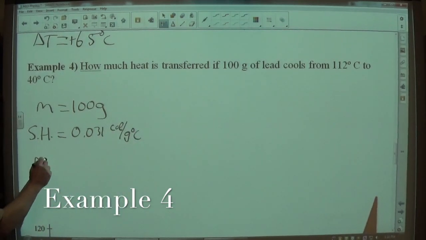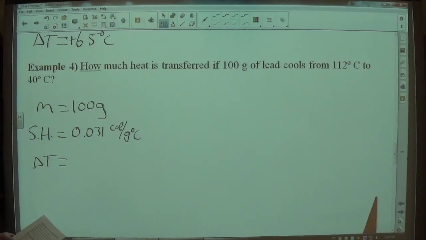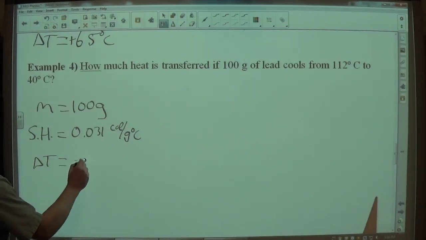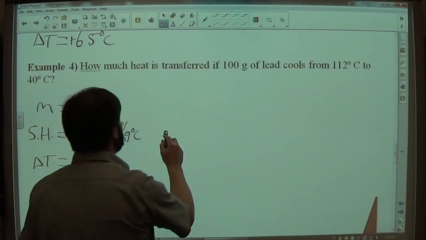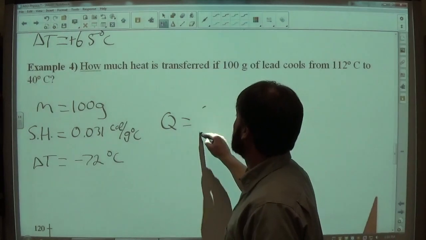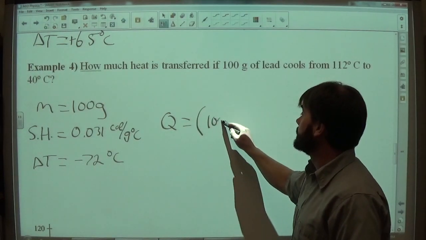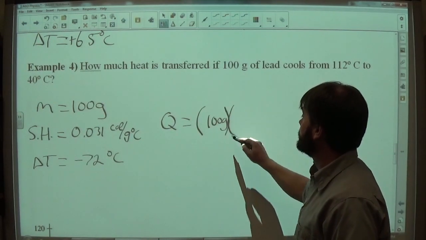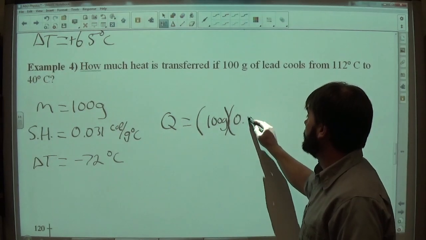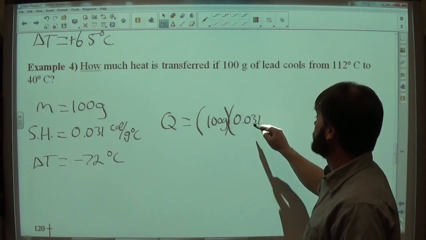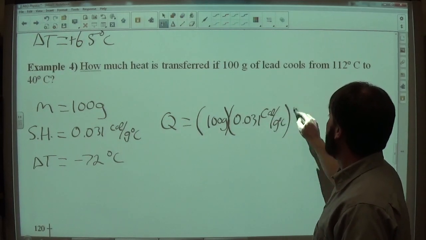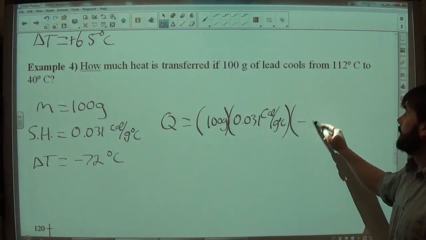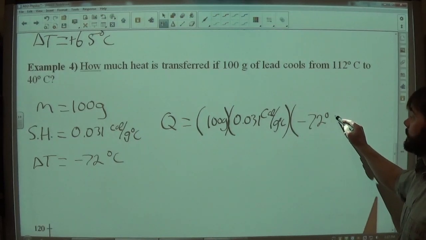And then the change in temperature for this is going to be a decrease because it goes from 112 down to 40, so this changes by negative 72 degrees Celsius. So, plug it into our equation. We're going to do mass, 100 grams, multiplied by the specific heat of lead, 0.031 calories per gram, and then multiply that by negative 72 degrees Celsius.